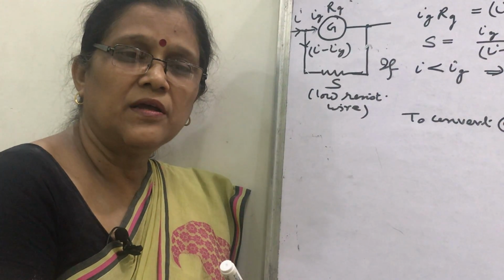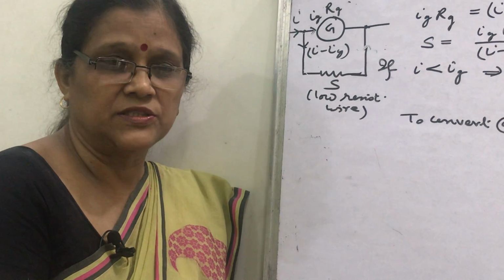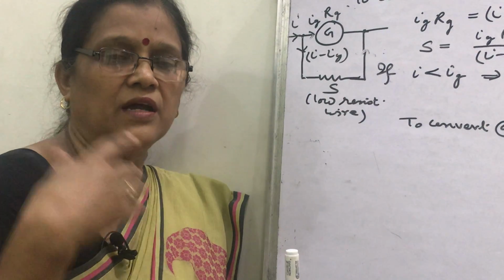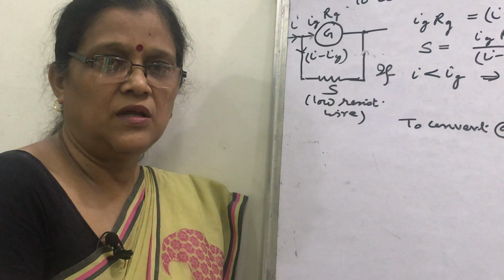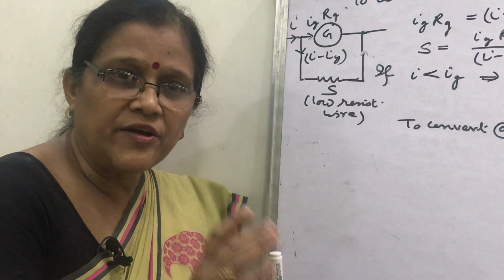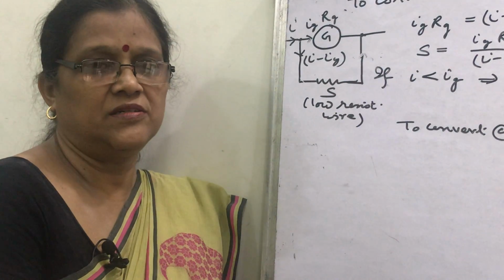The total resistance of the circuit will decrease and the current will increase by a very large amount. Also the ammeter will now read not the current of the circuit, but the current passing within it.